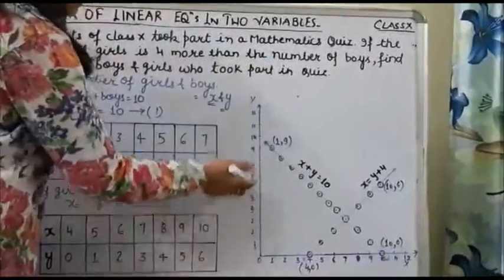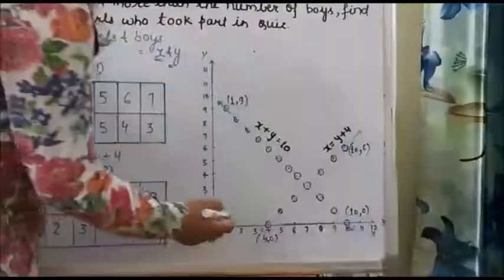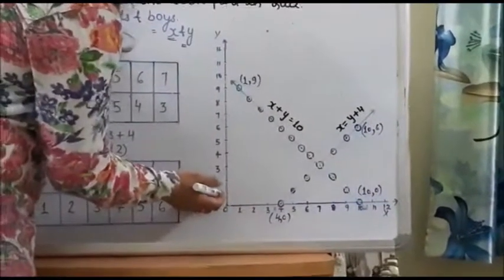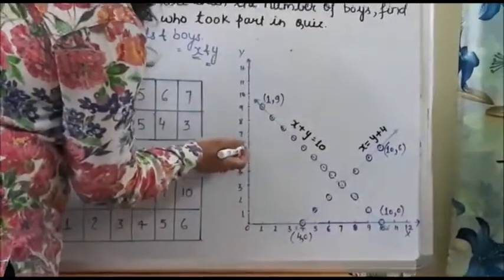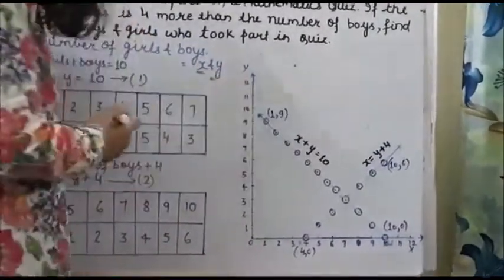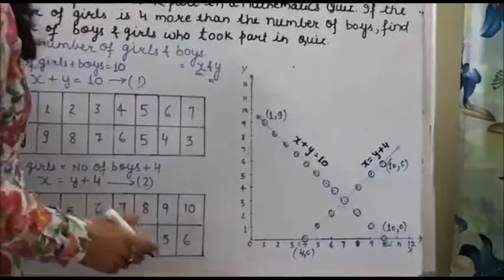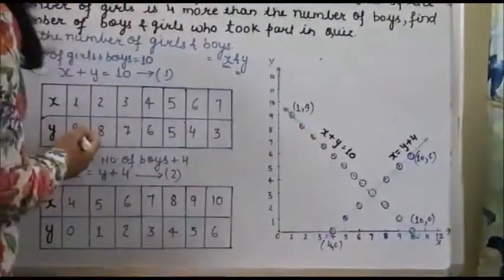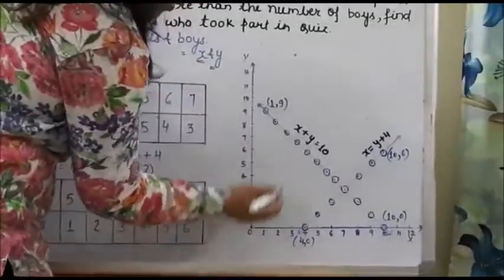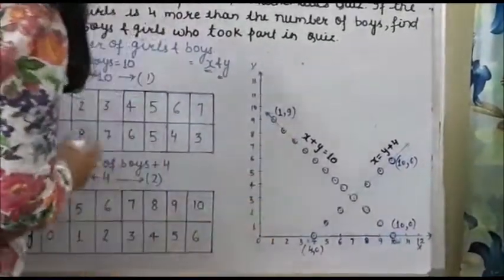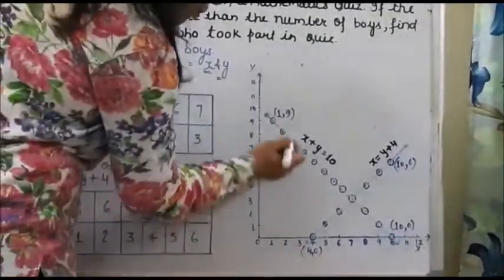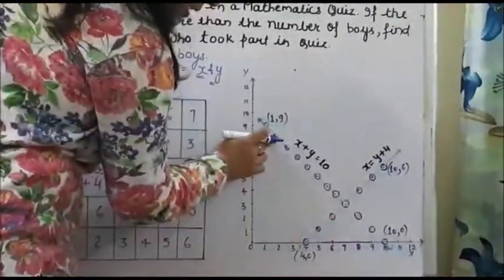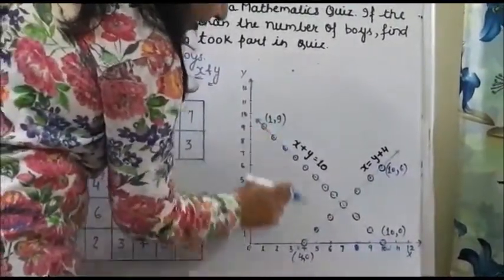And I have taken simultaneously Y is equal to 1, 2, 3, 4, 5, 6, 7 and so on. Now my points are given for first is 1, 9. So I have taken 1 and 9 and 2, 8. X axis 2 and Y 8.